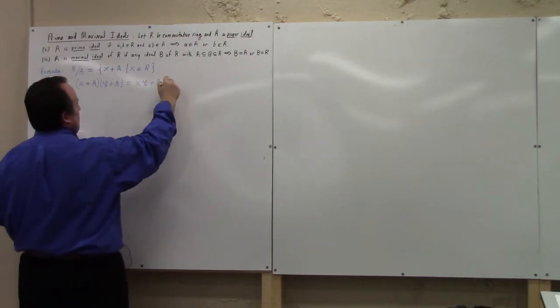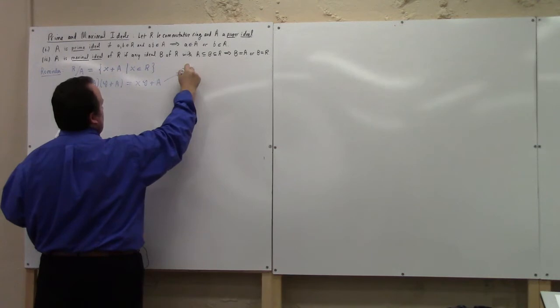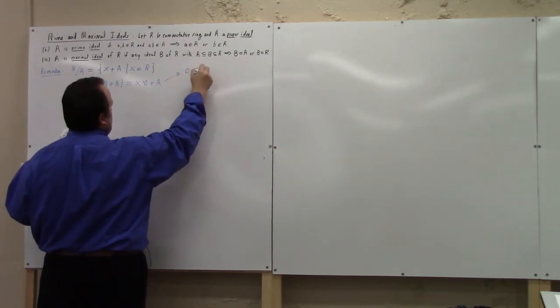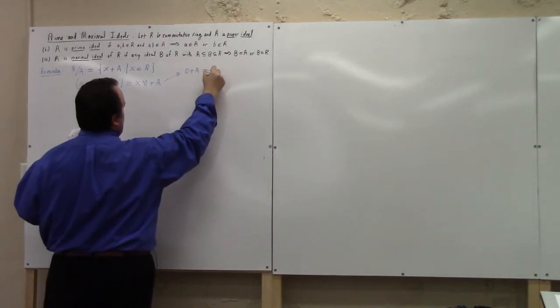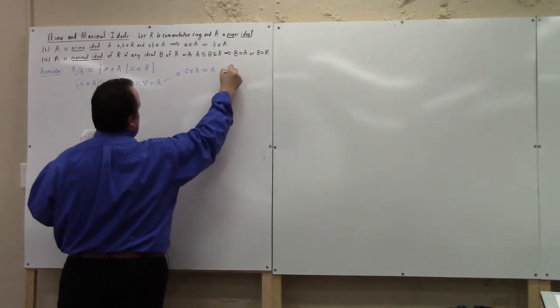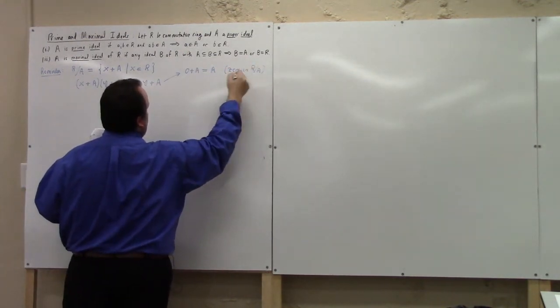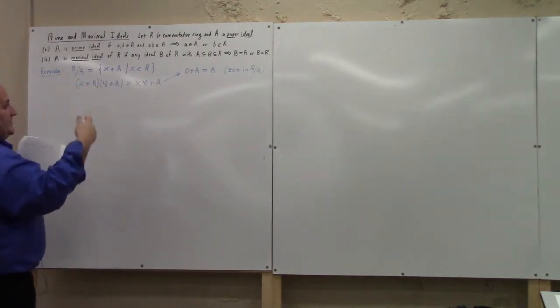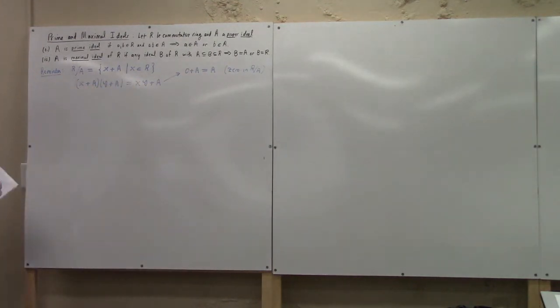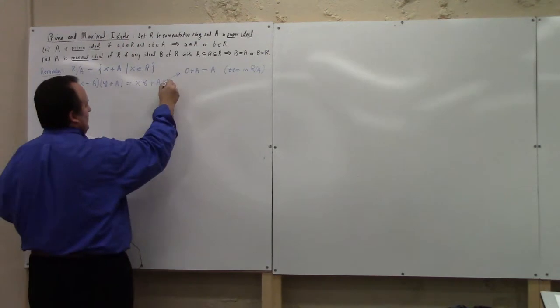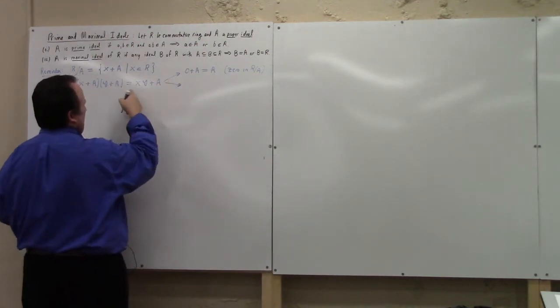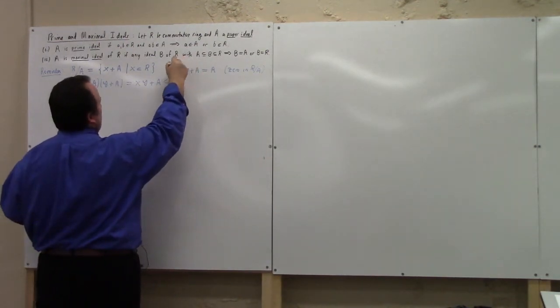So, among other things, 0 plus A is equal to A. This is the 0 in this ring. If you add 0 plus A to anything, you get the same thing back again. And this is not from the multiplication, this is from the addition rule.